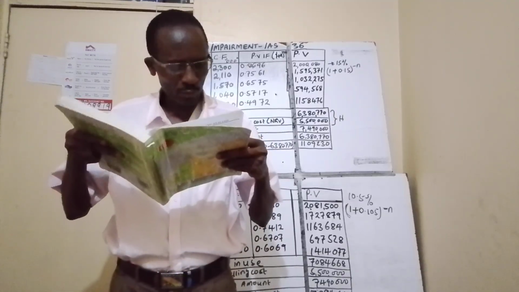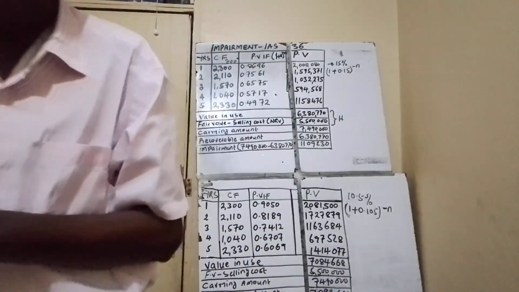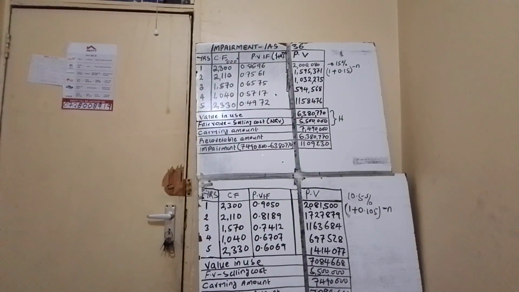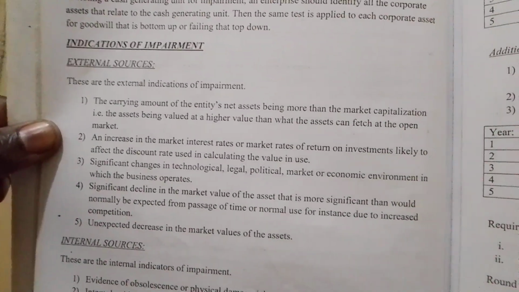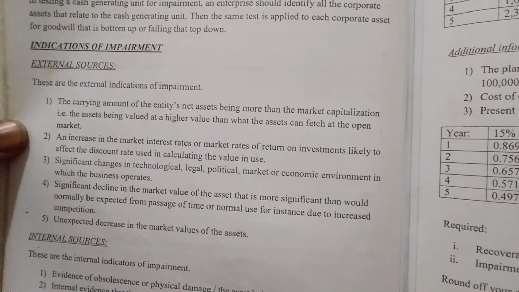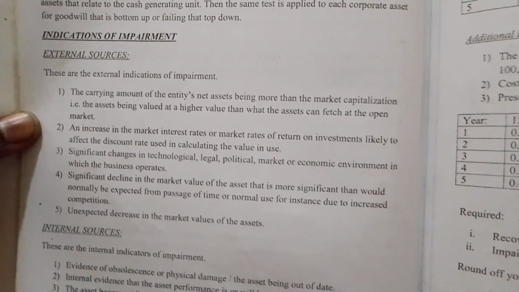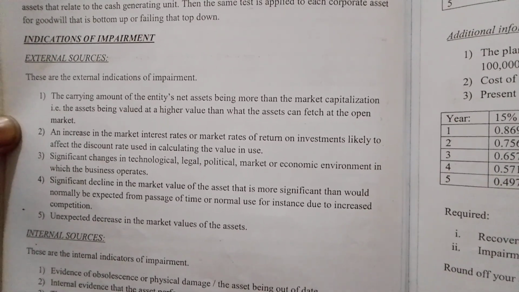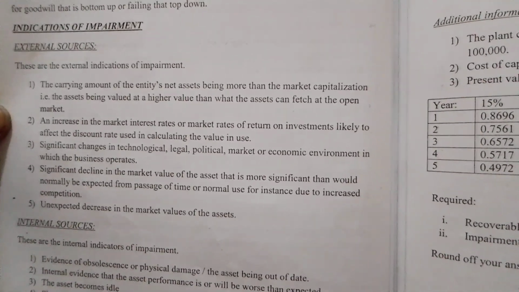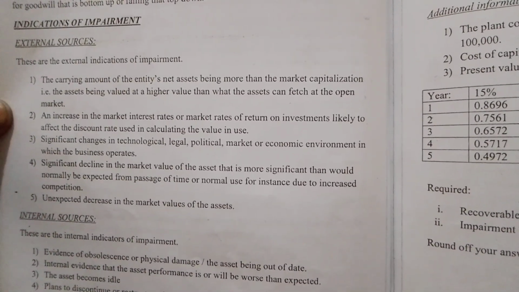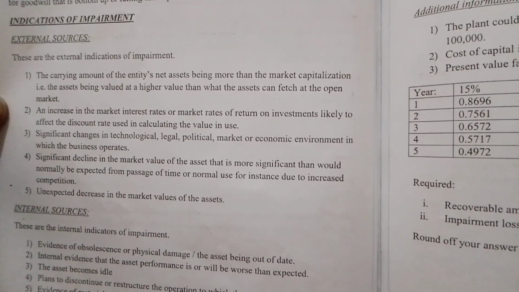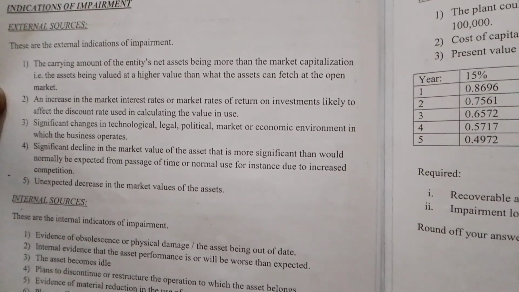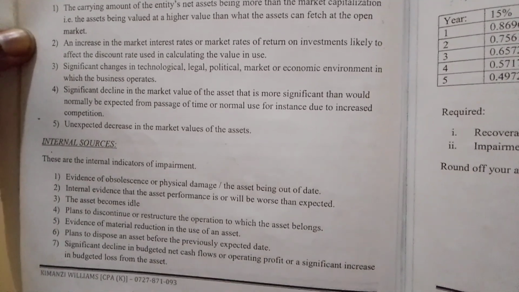That was not my main focus, but because these notes you find them in our research materials, you can just take them for your own benefit. These are the external indications of impairment. So you have your 1, 2, 3, 4, 5. You can pause your video and read them.